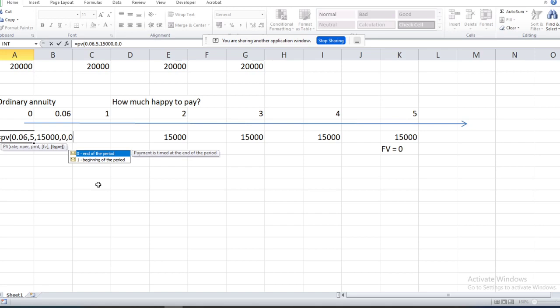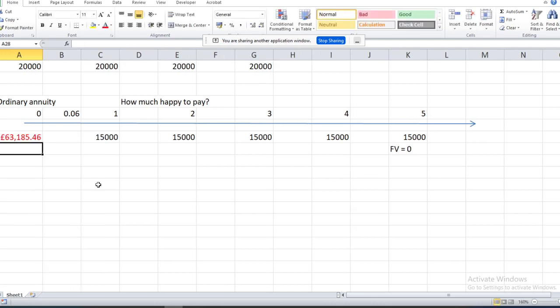It refers to what kind of annuity it is: do the PMTs happen at the end of the periods, or at the beginning of the periods? For this particular example where we compare ordinary annuity and annuity due, we don't ignore that hint. In this case it's 0 because it's an ordinary annuity, and hit enter. We see that the value of this investment right now is over 63,000.